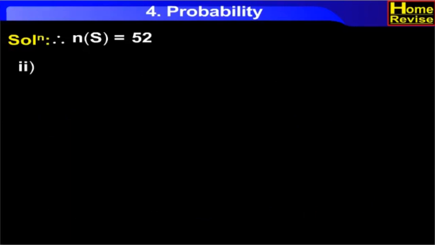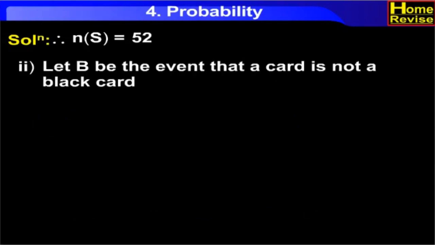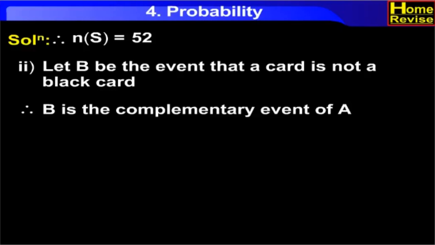Number 2. Let B be the event that a card is not a black card. Therefore, B is the complementary event of A. That is, B is equal to A dash.